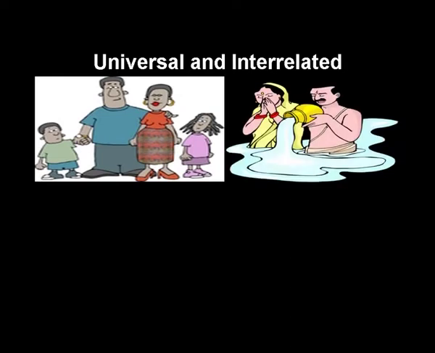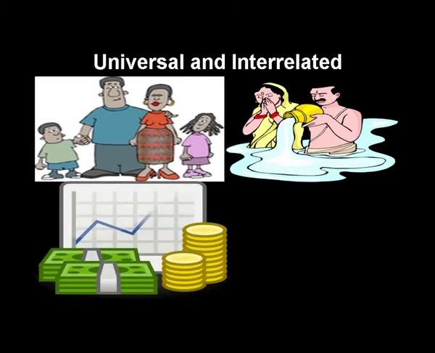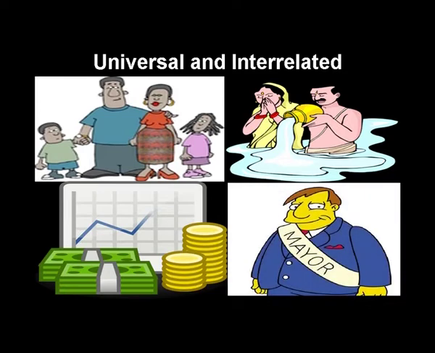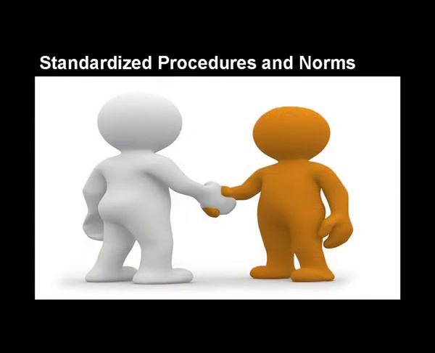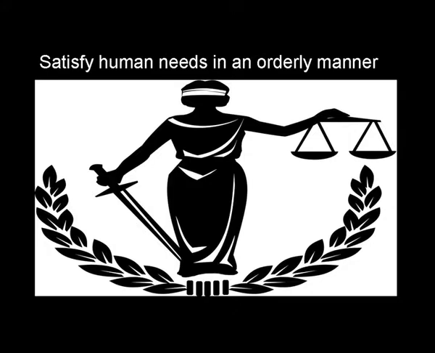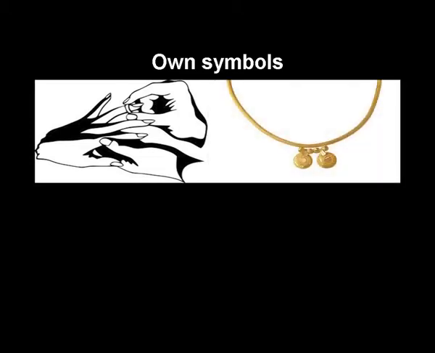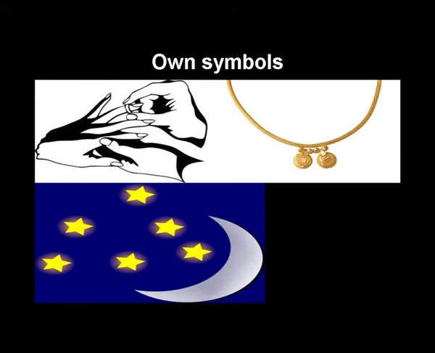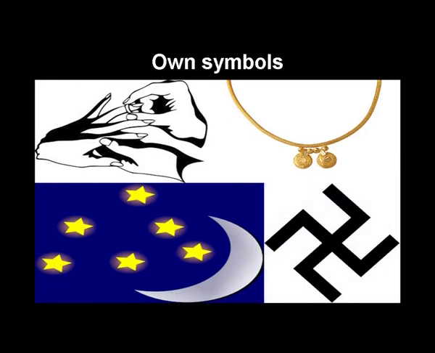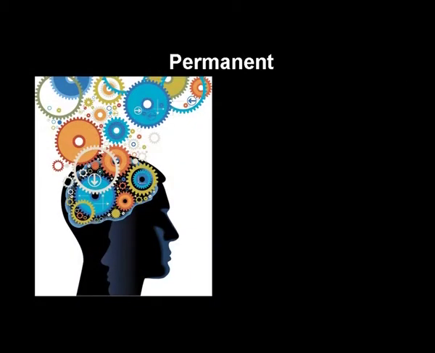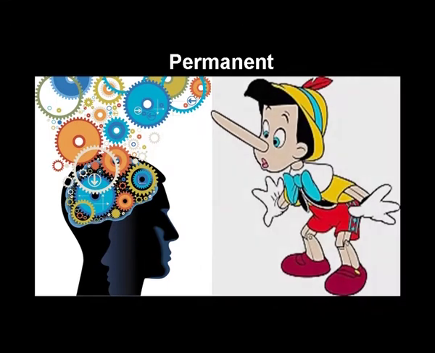2, the basic institutions like family, religion, economy and political institutions exist in all societies, therefore, they are universal and interrelated in nature. 3, institutions have certain standardized procedures and norms to prescribe the ways of doing things, and they are a means to satisfy human needs in an orderly manner. 4, institutions have their own symbols, for example, marriage ring or Mangal Sutra, star, moon or swastika. 5, institutions normally do not undergo sudden or rapid changes.